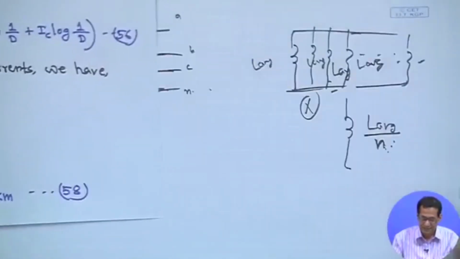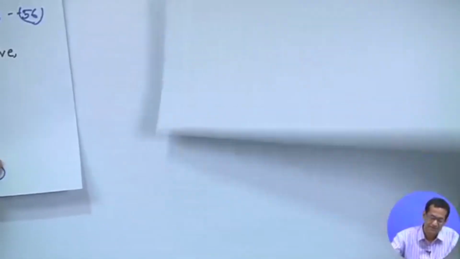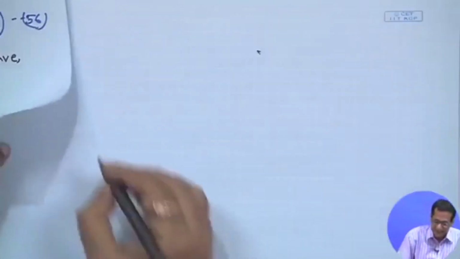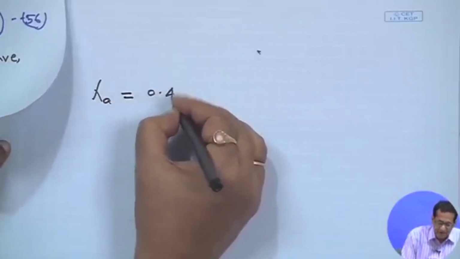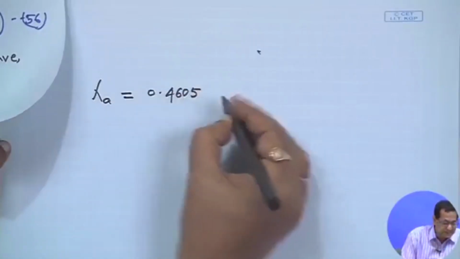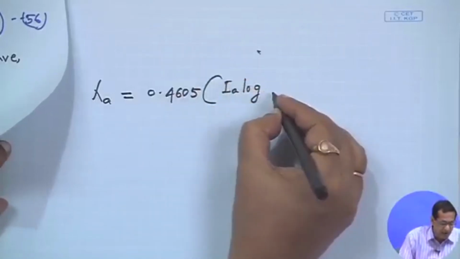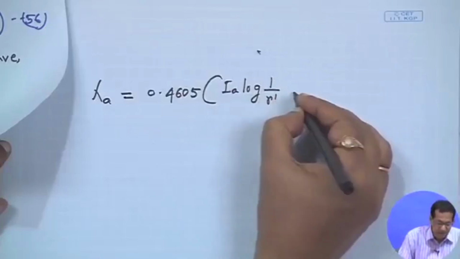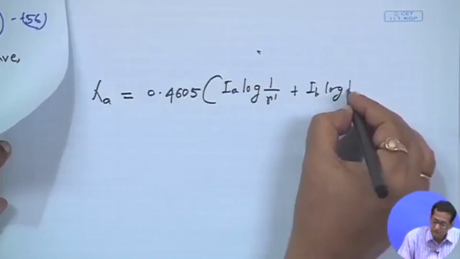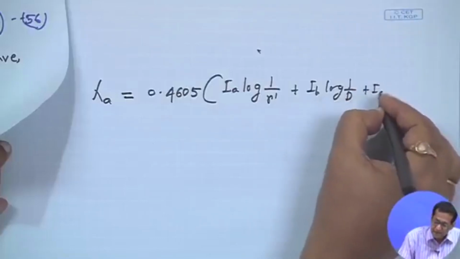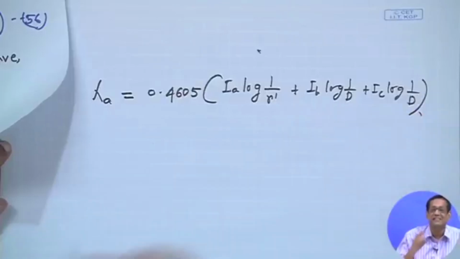So, lambda A is equal to 0.4605 IA log 1 upon R dash plus IB log 1 upon D plus IC log 1 upon D, from equation 56, right.